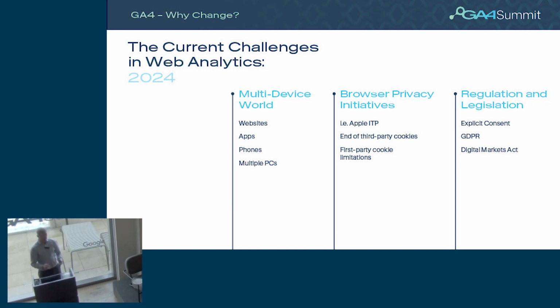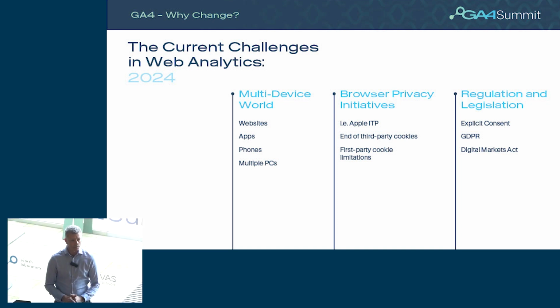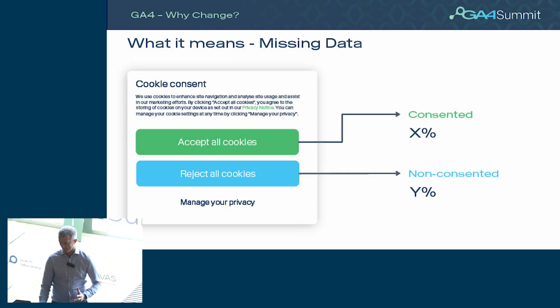And then on top of that, perhaps the biggest challenge of all is regulation and legislation, which Diggy's just gone through. We now have to get explicit consent to place a cookie, which underpins analytics as we've known it in the past. And there's legislation such as GDPR and the new Digital Markets Act.